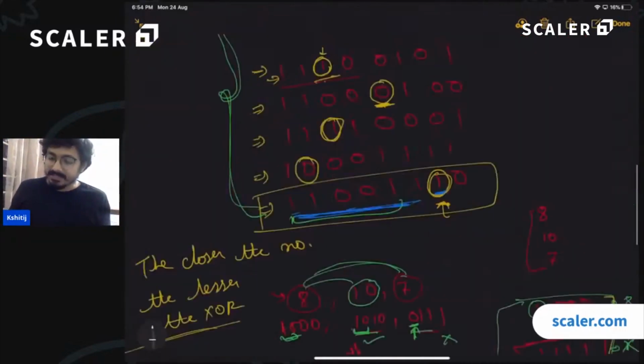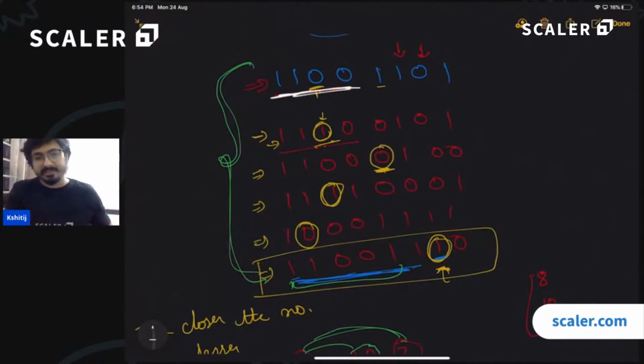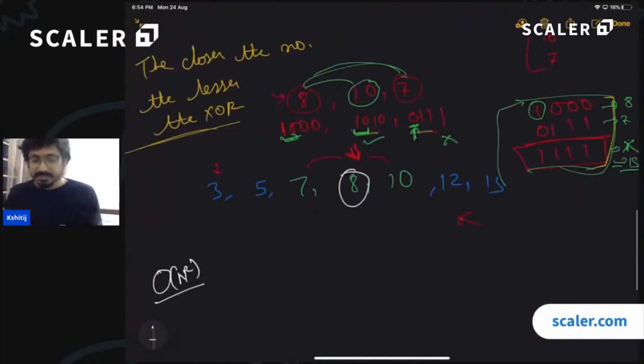Why? Because we have seen that if the number of bits are similar on the left side, I want to find the number which has a different bit as far right as possible. I can say by intuition that the closest numbers are going to give me that.